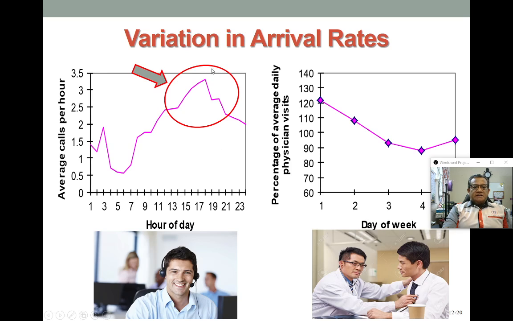So these are the peak times, when the call center will be super busy attending customer calls, about 3 per hour, around 7 or 8 o'clock, which represents 7 p.m.